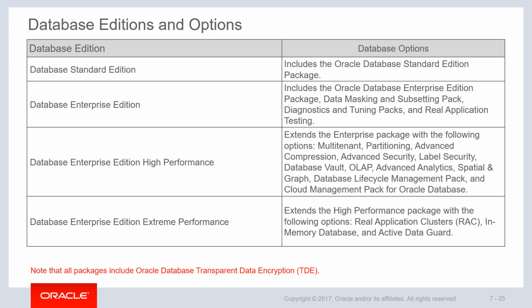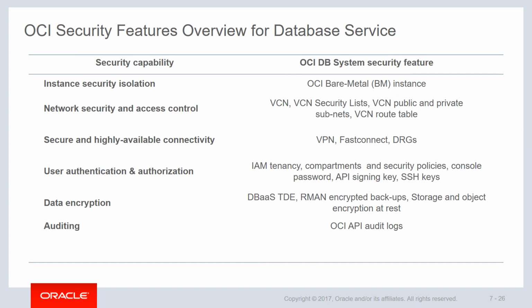So every time a customer provisions an Oracle database on OCI, it automatically includes and is enabled by default transparent data encryption. Now, we have a lot of security options available because we're running our database instance in the cloud. This gives us the option to perform instance level isolation. In this instance, we would be using bare metal to do so for workloads that absolutely must run on dedicated hardware.